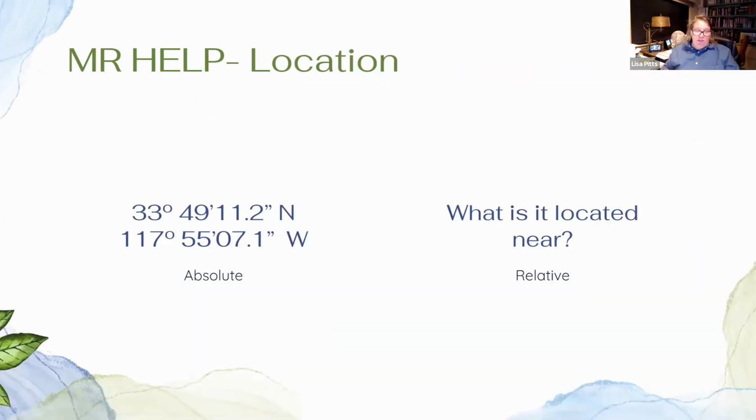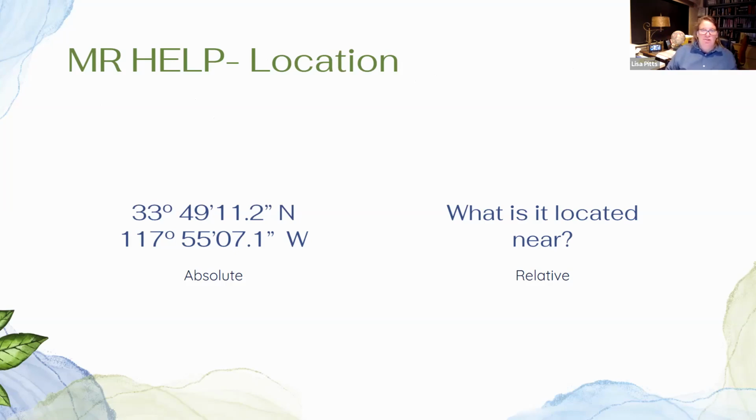Another theme of geography is location, and location a lot of times is confused with the one that I'm going to talk about next, which is place. But location is where something is, and there are two different types of location. There's an absolute location. In geographic terms, we're talking latitude and longitude.